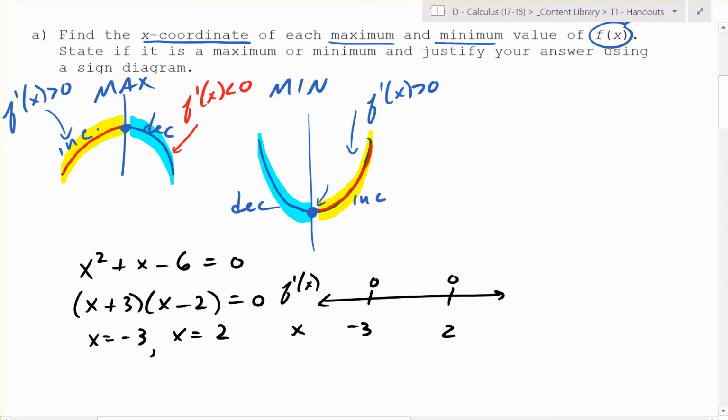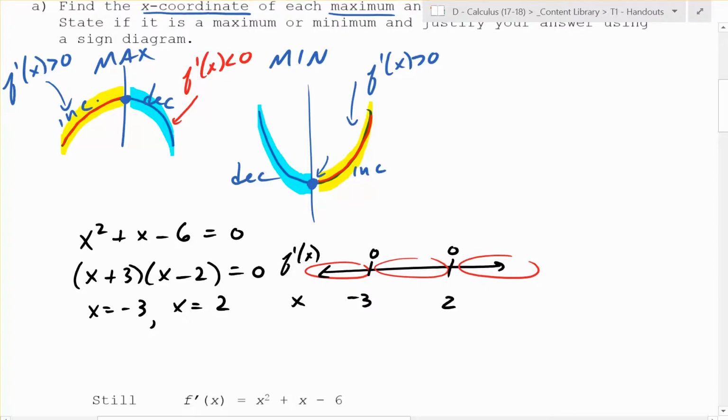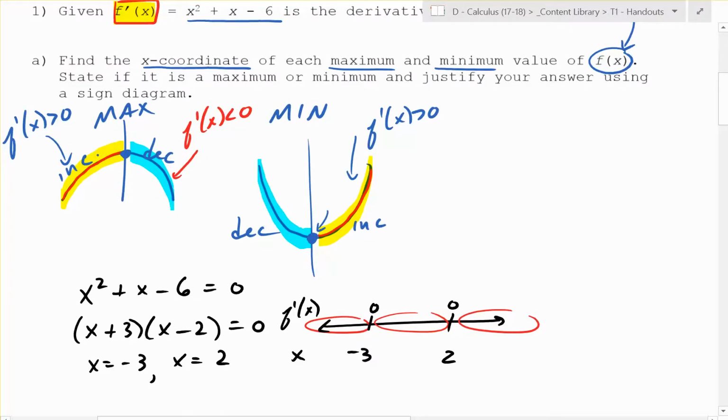We'd like to know between negative 3 and 2, and also from here to here and from here to here, is the derivative positive or negative? Let's do the central region from negative 3 to 2. All we need to do is pick one number between negative 3 and 2. A great number to check would be 0.